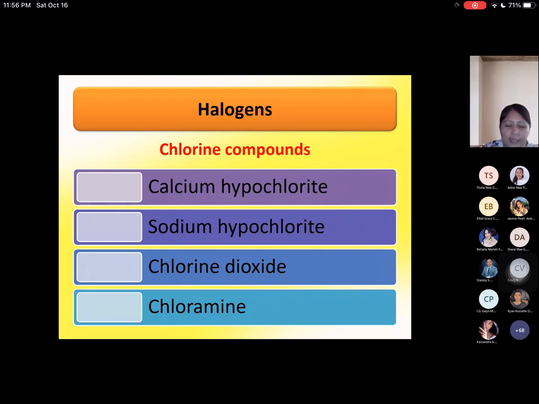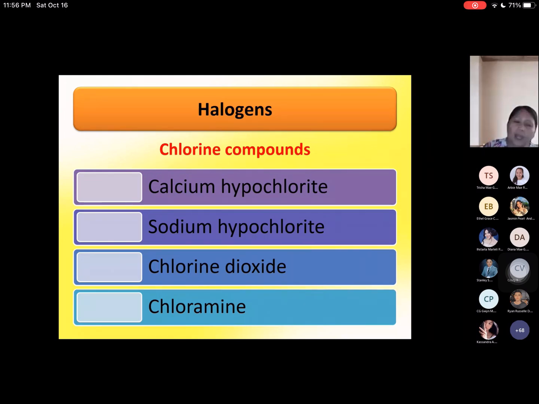Chlorine dioxide is used as a surface disinfectant because it does not leave residual taste and odors. It has broad spectrum activity. When you say broad spectrum activity, it usually kills most microorganisms, both gram-negative and gram-positive bacteria.